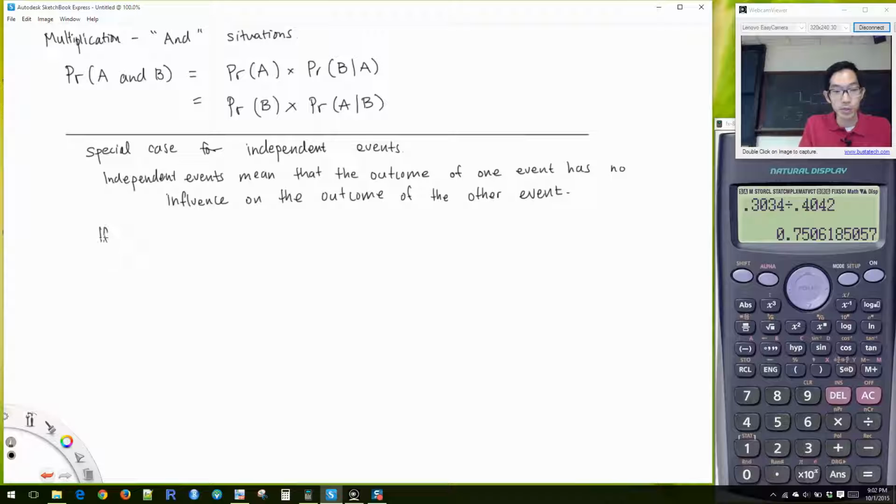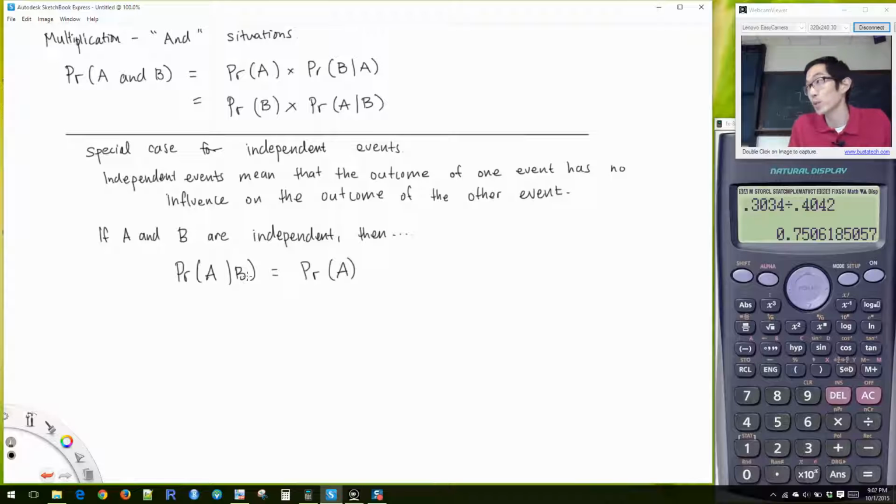So if A and B are independent, then the probability of A given B is just equal to the probability of A, because whether B has happened has no influence on whether A will happen or not. So the probability of A, even if you tell me whether B has happened or not, it doesn't influence it. It's just going to be the probability of A.